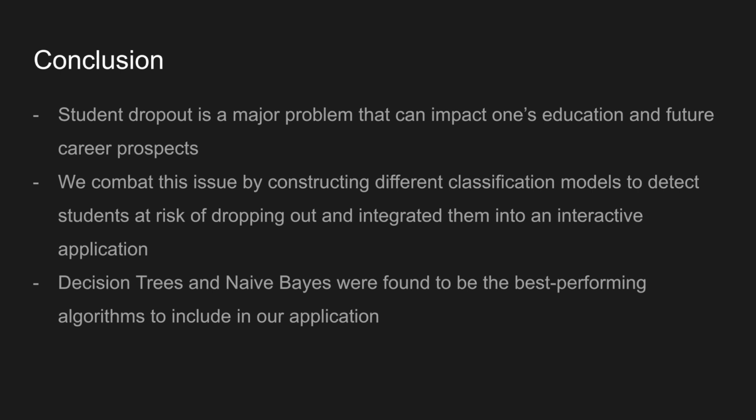Decision trees and naive Bayes, out of the 3 algorithms we chose, were found to be the best performing algorithms in our application, as they outperformed logistic regression, our third model, in every performance metric.